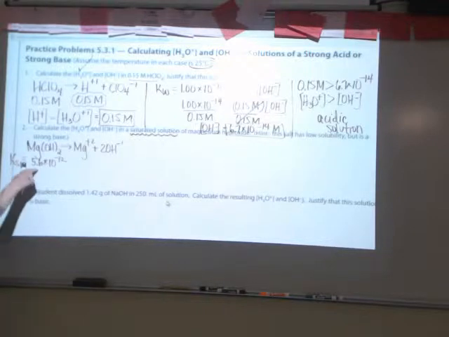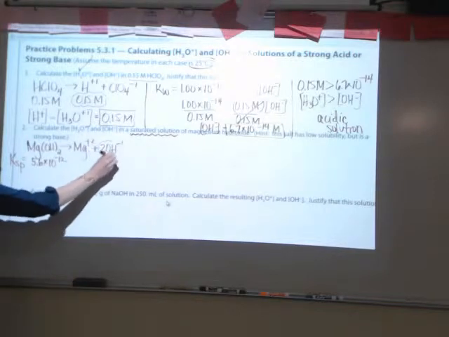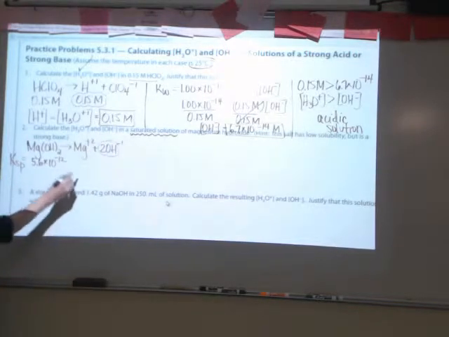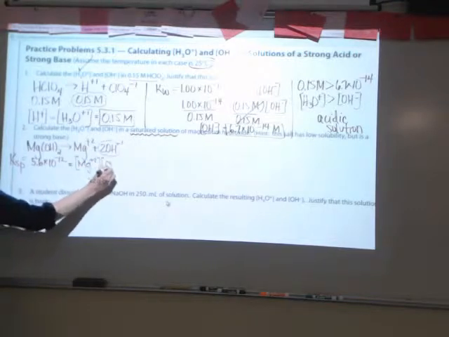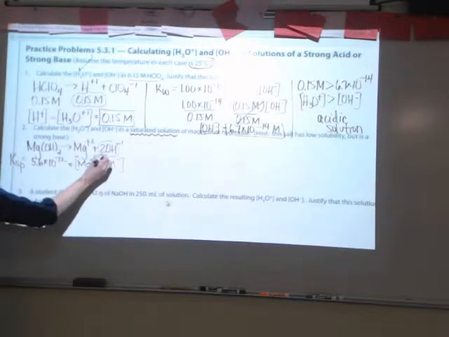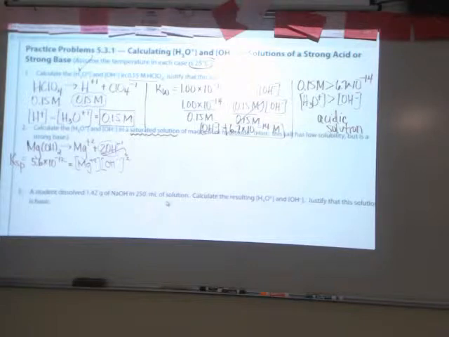Now, if I use this value to calculate the hydroxide ion concentration, wouldn't I set this up where I've got the magnesium ion concentration times the hydroxide ion concentration, and since there's a coefficient of 2, I'll have a squared on the hydroxide, right?